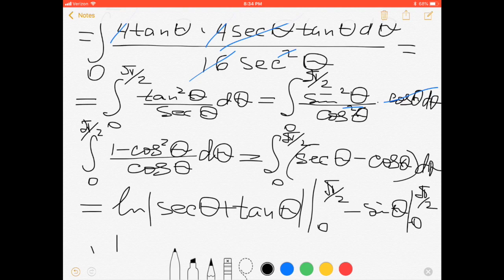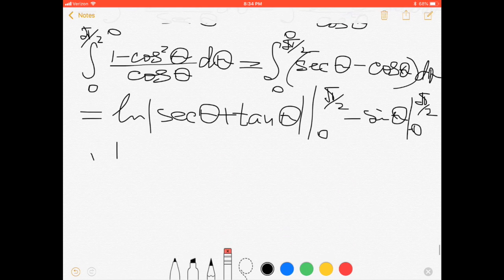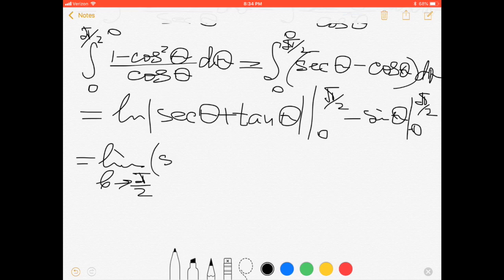Our logarithmic function does not exist at pi over 2. This means we need to check the limit as b approaches pi over 2 of secant b plus tangent b. All the others are no problem.